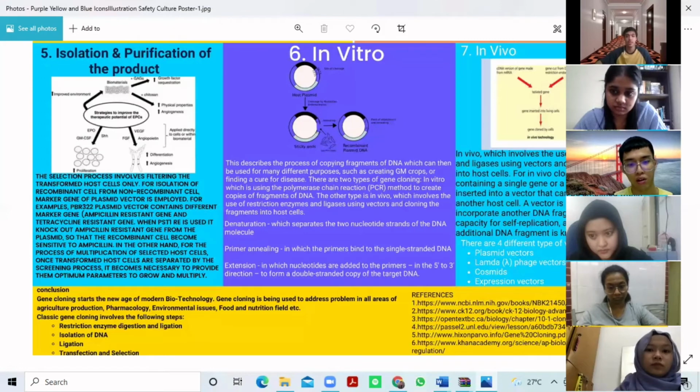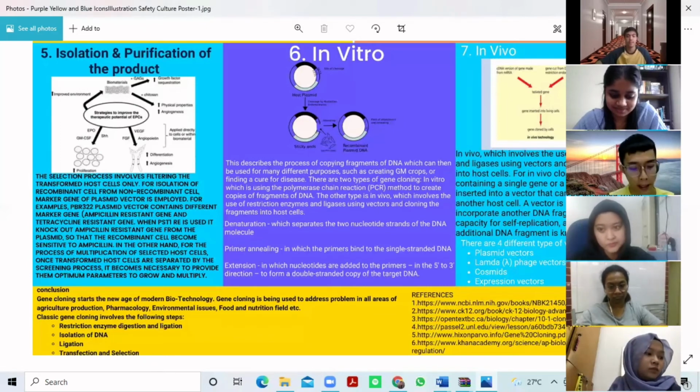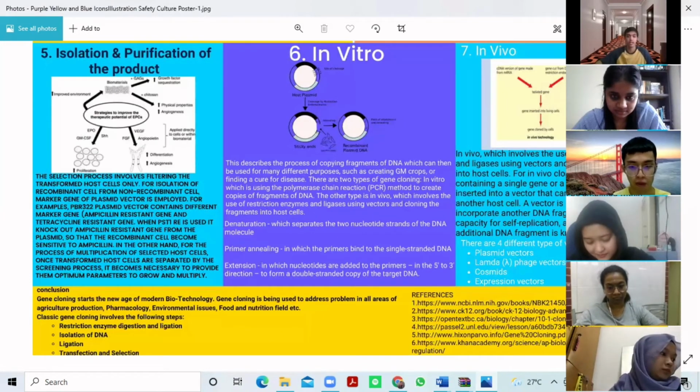The DNA to be copied, also known as the template DNA, is mixed with forward and reverse primers complementary to the ends of the template DNA, nucleotides, and a version of DNA polymerase known as Taq polymerase, which is the enzyme that is stable under high temperatures and is obtained from the thermophilic bacterium Thermus aquaticus.